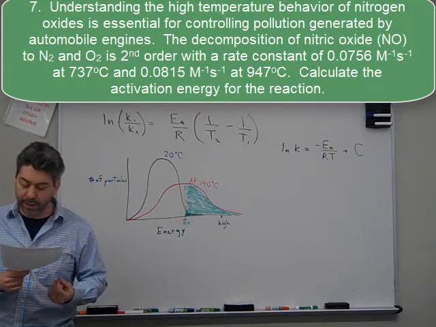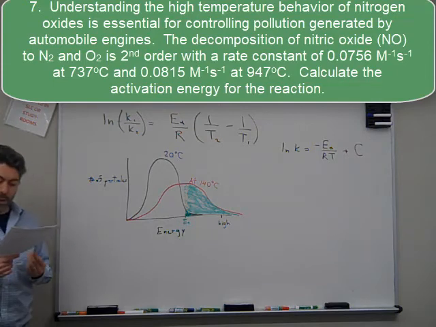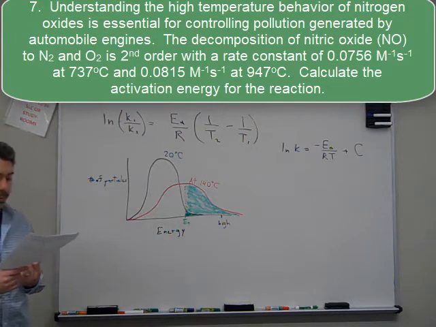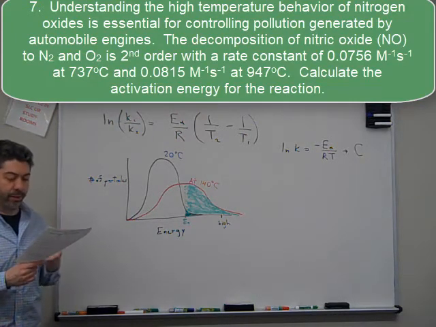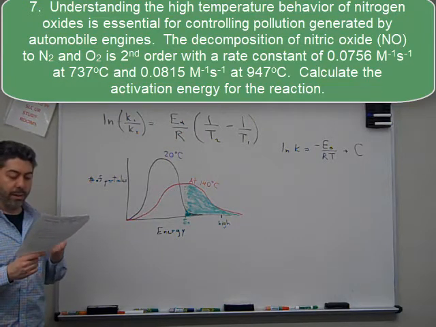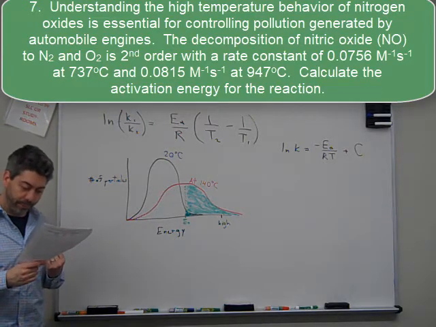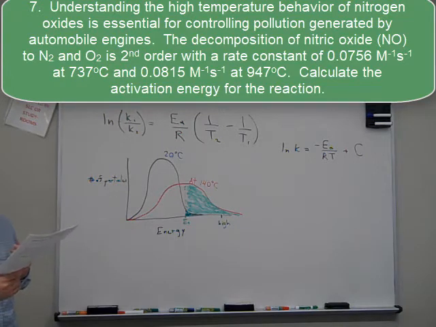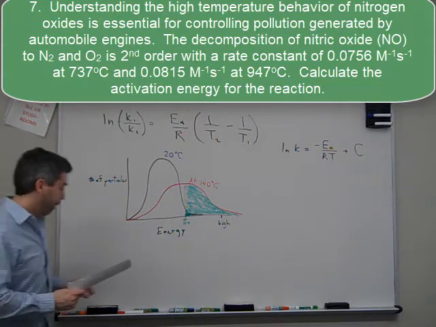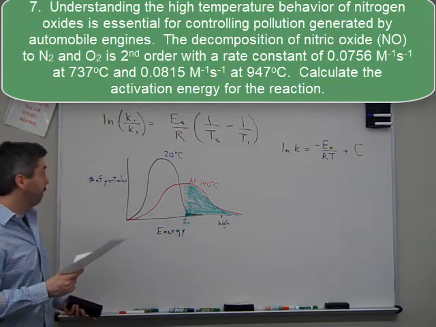Decomposition of nitric oxide, NO, to form N2 and O2 is second order with a rate constant of 0.0796 molarity per second at 737 degrees Celsius and 0.0815 molarity per second at 947 degrees Celsius. Calculate the activation energy for this reaction.